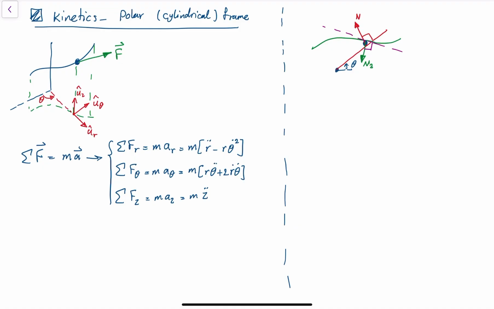And that angle is possibly harder to find. So you need to do a lot of geometrical thinking and calculations to properly find the tangent angle, tangent to the curved path, such that you know the direction of N2, and then you can resolve that.